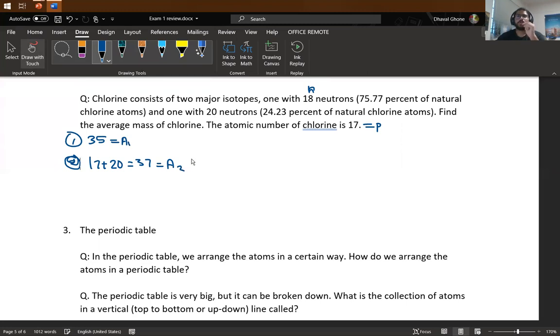Okay. So to find the average atomic mass, what you do is you take atomic mass 1 and you multiply it by its percentage abundance in decimal form.